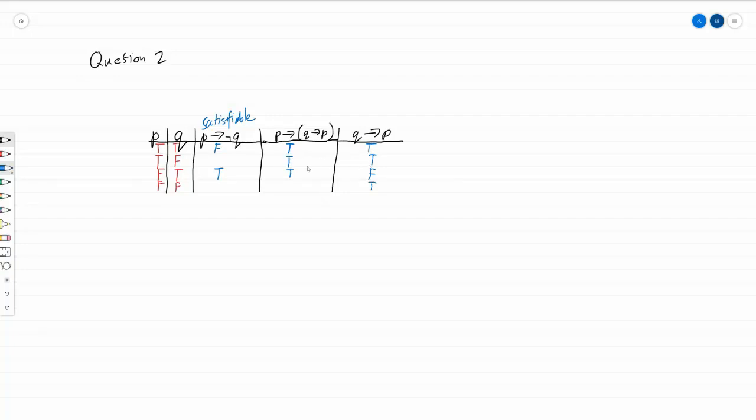Then P is false again. Well, whenever the left-hand side of an implication is false, it's vacuously true. So this is a tautology. That is always true. You can never make that be false. And so we had to go through the entire thing to show that every single time it is always true. So that's basically how that one works out.